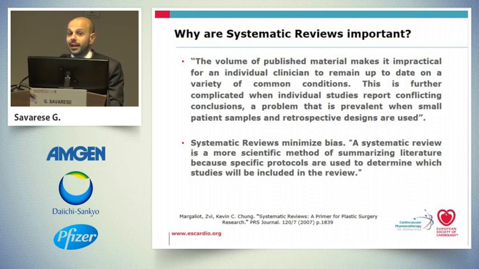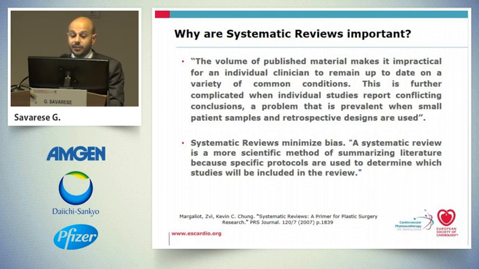So there could be an inclusion bias for a paper to be reported in a narrative review. But since there is a well-specified method, it should be an unbiased report of all the available evidence about one topic. So systematic reviews minimize bias.